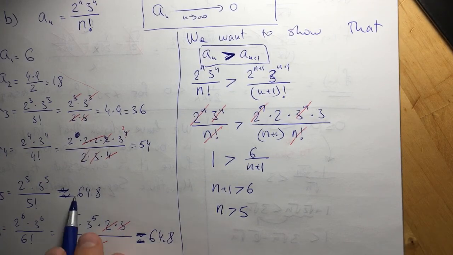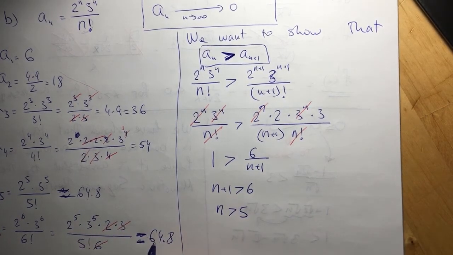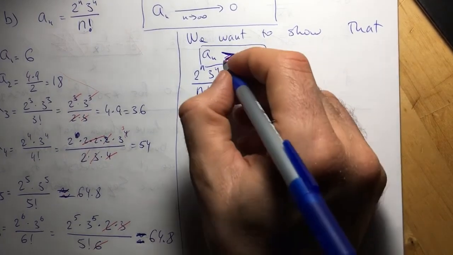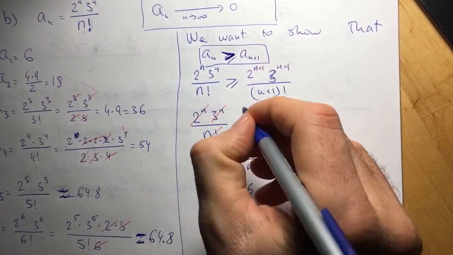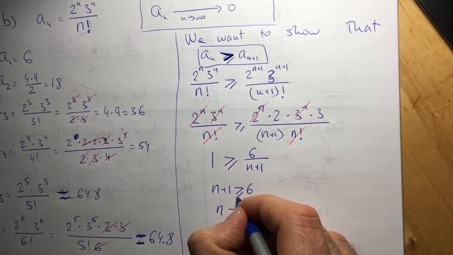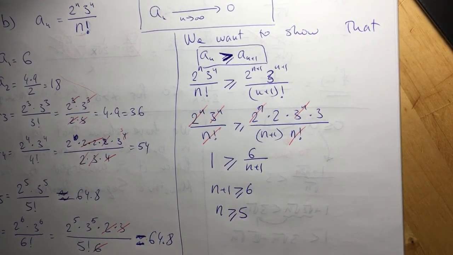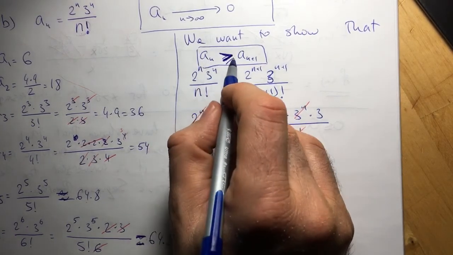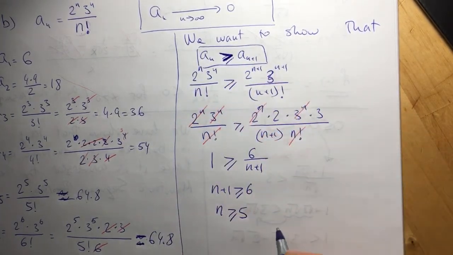At the 6th term we had the same value, because when n is equal to 5 I get 64.8, and then with the next term it was the same term, so maybe to be true I can put greater or equal, right? And from then on, when n is greater than 5, an is greater than an plus 1.